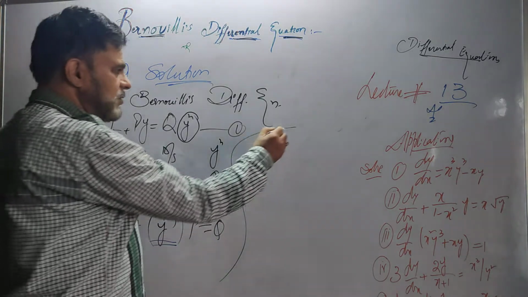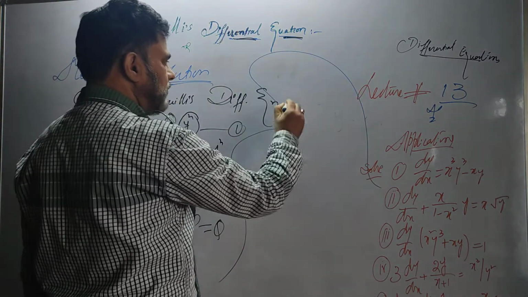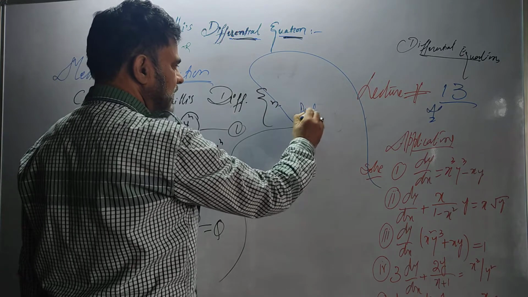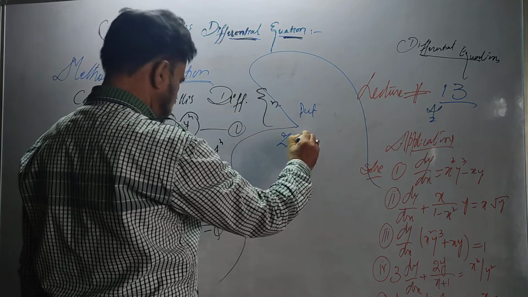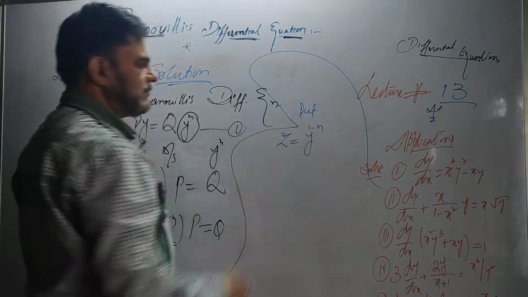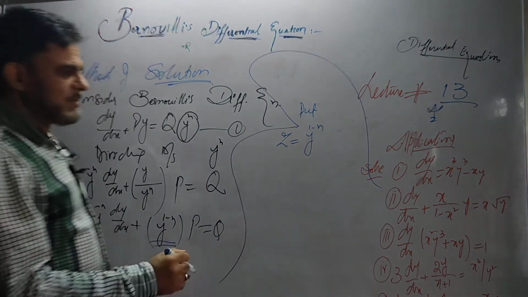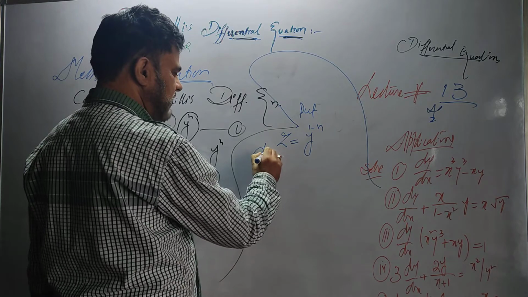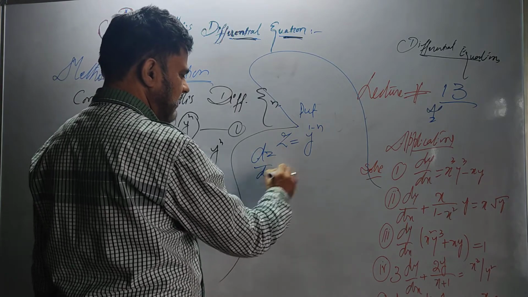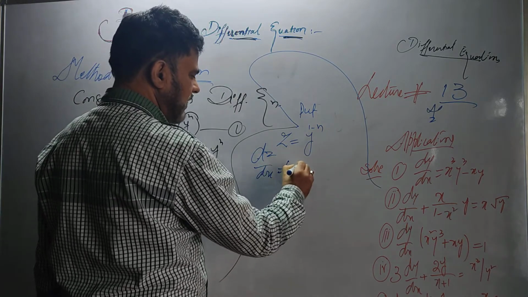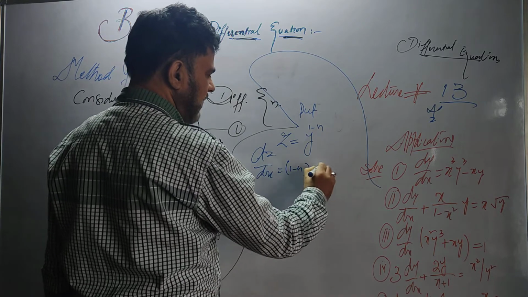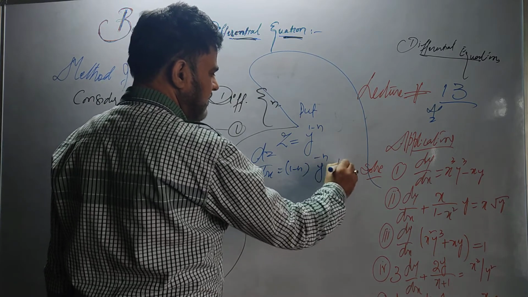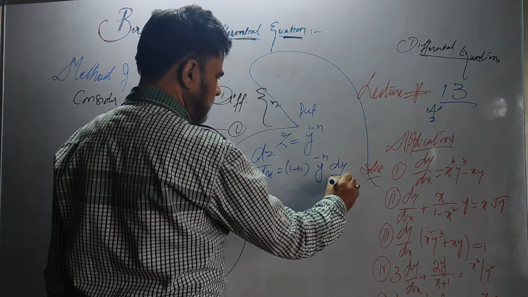If I make the substitution, putting z is equal to y raised to the power 1 minus n and differentiating both sides with respect to x, because y is a function of x, it is dz by dx is equal to 1 minus n times y raised to the power minus n dy by dx.